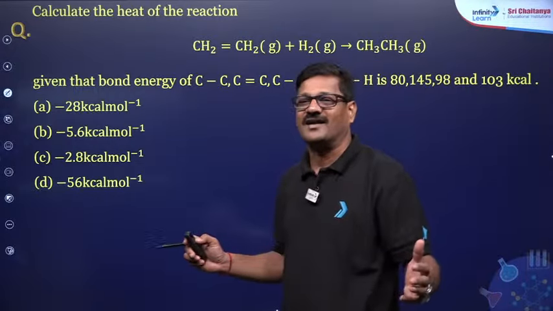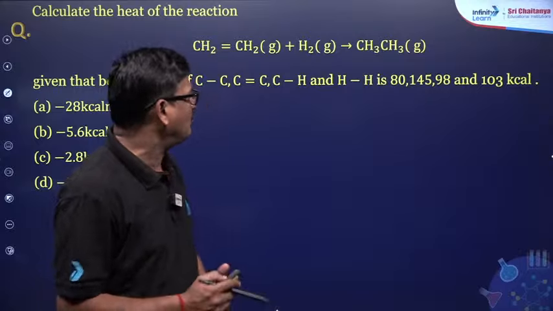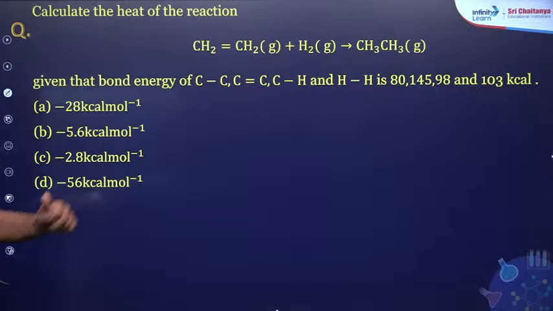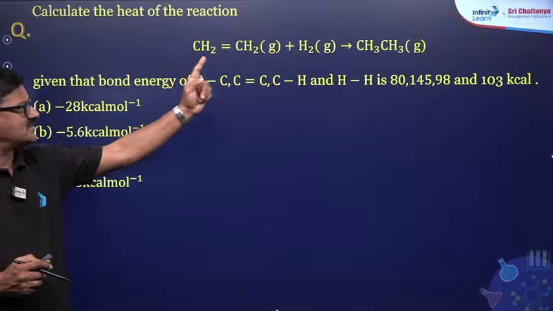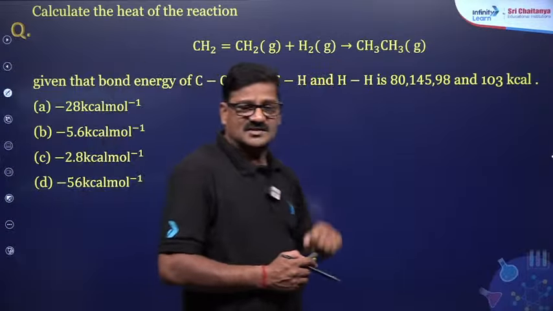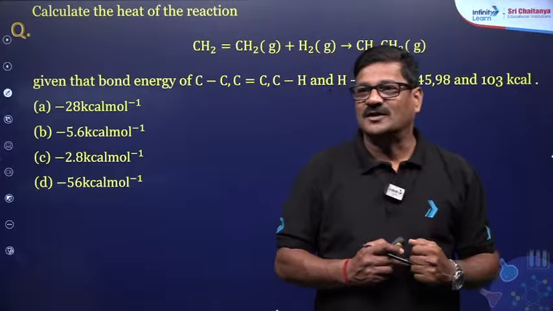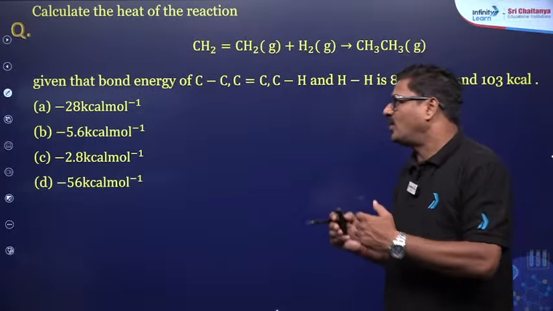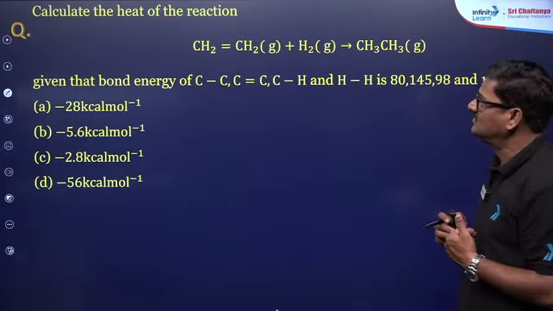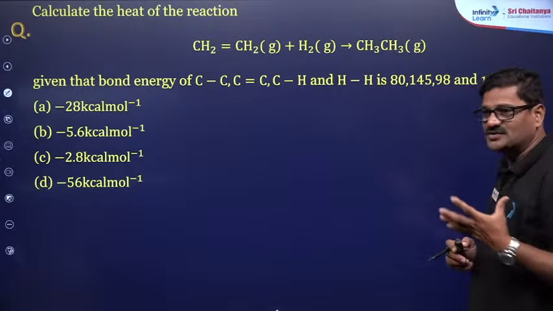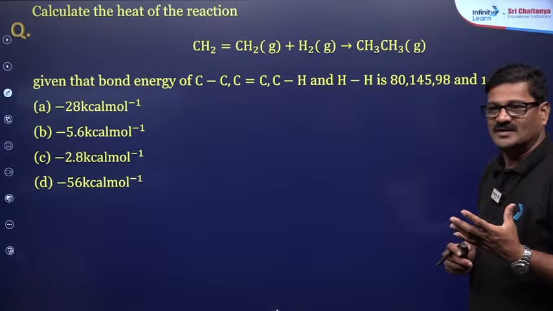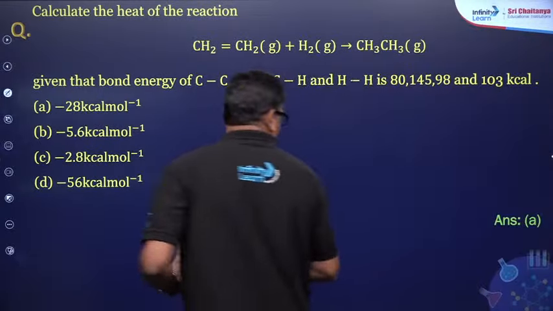ये अधूरी कहानी है. We can have C2H2, C2H4 plus hydrogen gives rise to C2H6. Okay. So given the bond energy is this much, you are asked to calculate the enthalpy of hydrogenation. ये enthalpy of hydrogenation में क्या होगा?